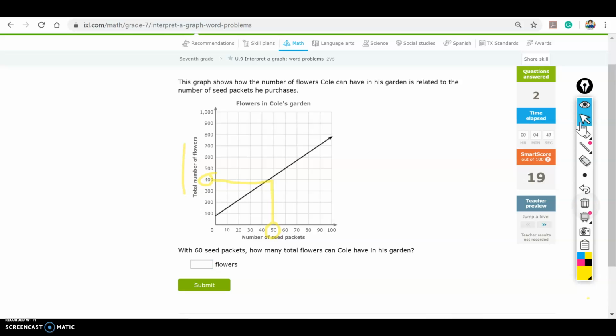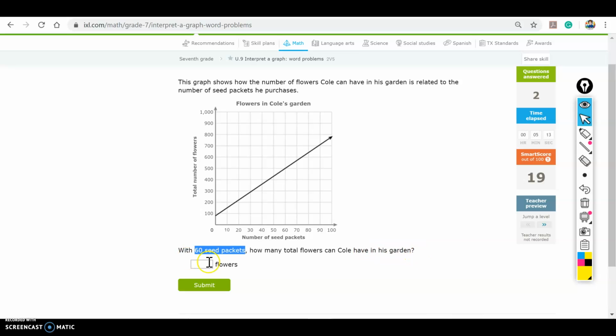So let's see. Okay, let's try this one. This graph shows how the number of flowers Cole can have in his garden is related to the number of seed packets he purchases. So here we go. The question: with 60 seed packets, how many total flowers can Cole have in his garden?